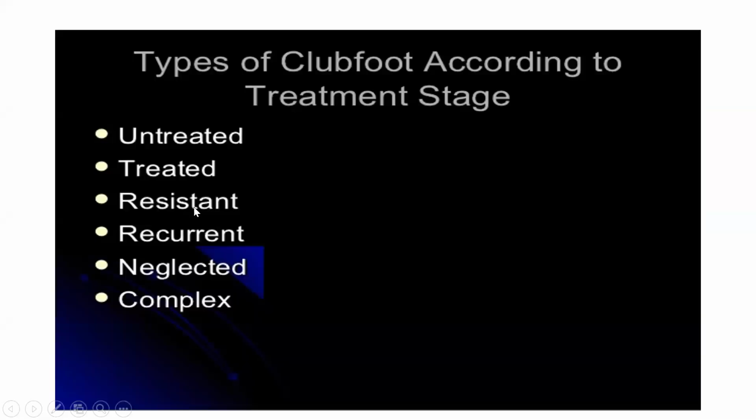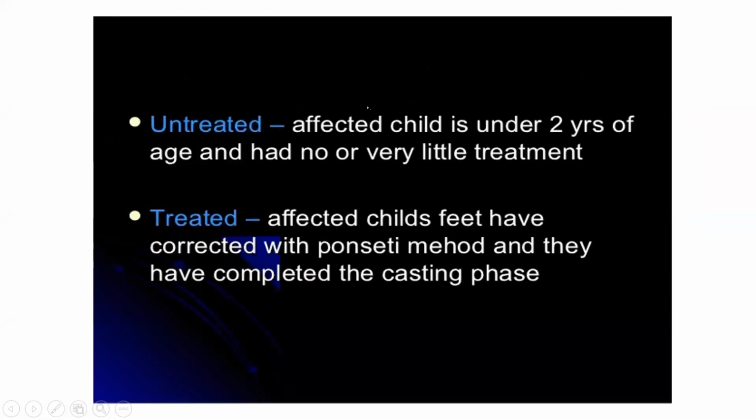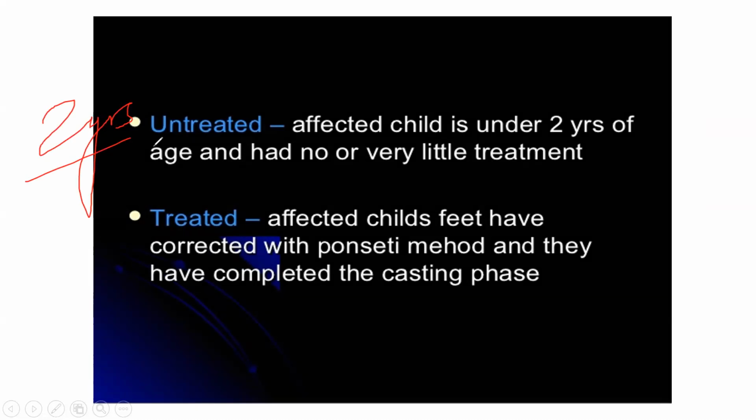Now there are types of clubfoot according to the treatment stage. Untreated means never treated. We consider 2 years as the basic age for CTEV, so we defined all the definitions according to this age group. Untreated means till 2 years there has been no treatment of CTEV for the baby.